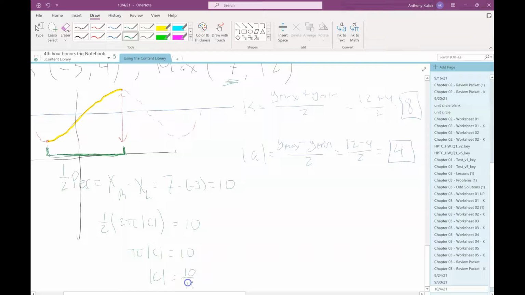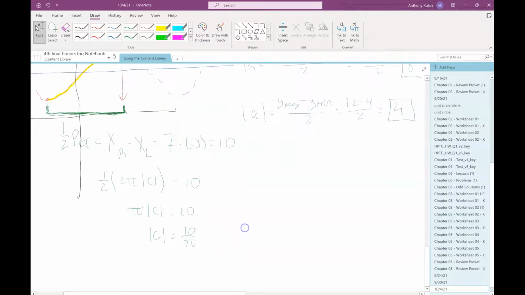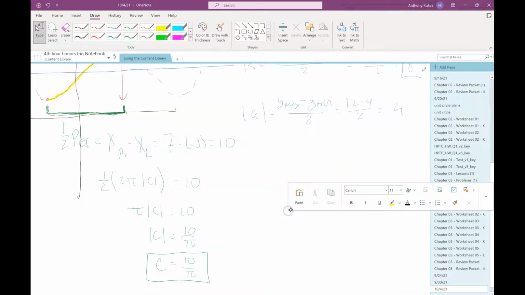So if I divide both sides by pi, the absolute value of c is 10 over pi. And I'm just always going to use the positive c. So we're good there. Okay, so we have our amplitude, our k, and our c.